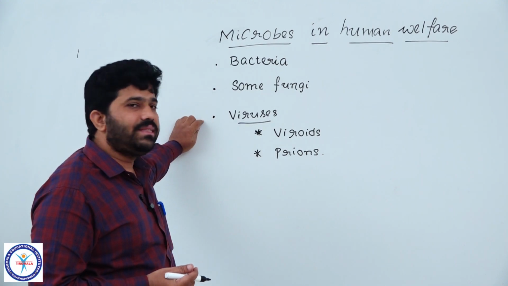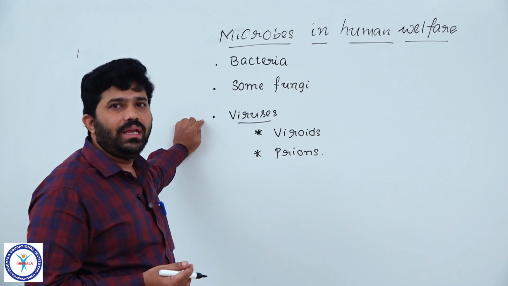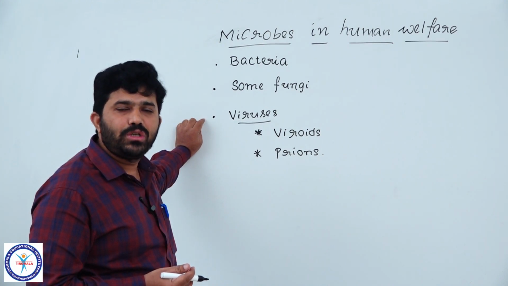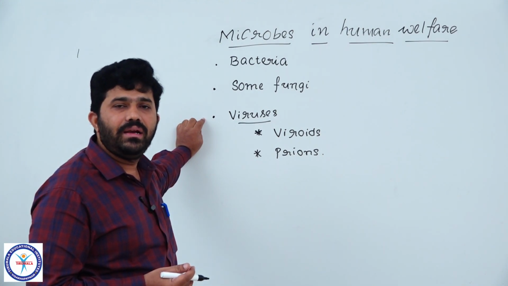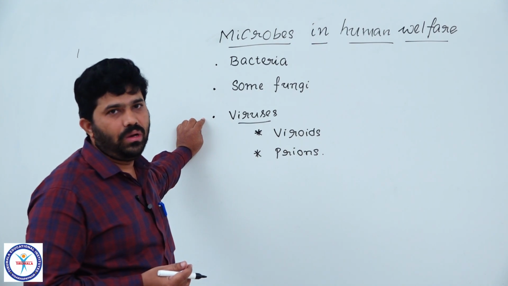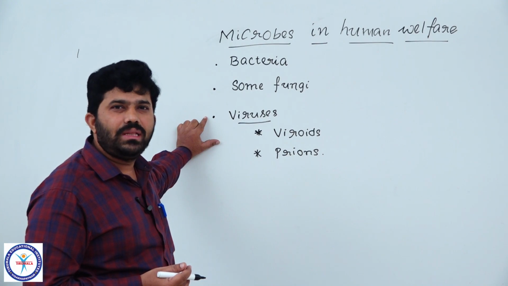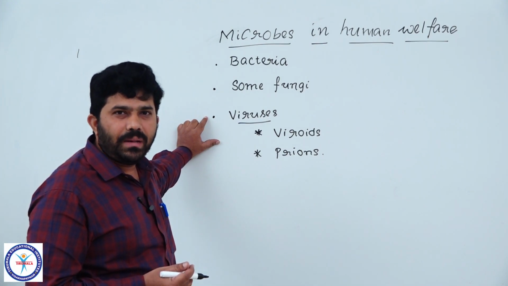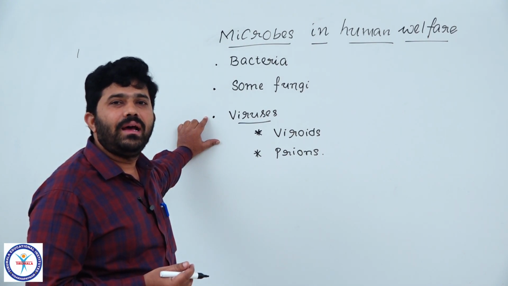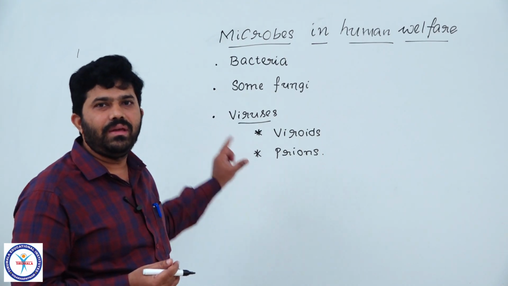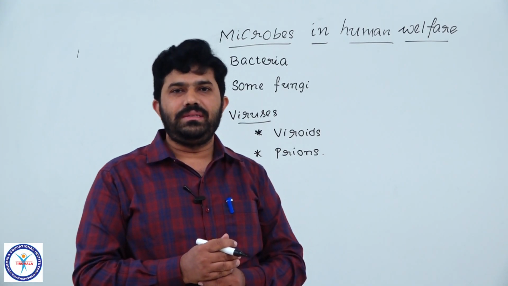Next, viruses are a separate category of organisms because they are biological entities. They are not truly living and not truly non-living. Viral particles are nucleoprotein particles which are non-living when outside the living cell, but living when present inside the living cell.